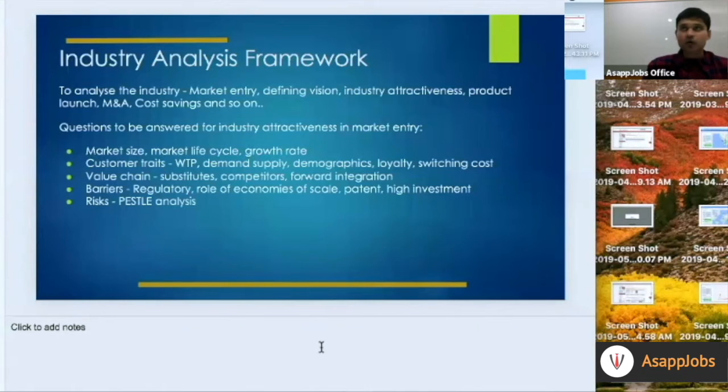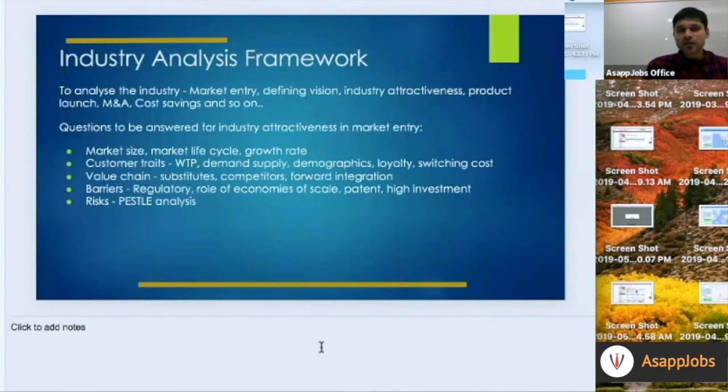For you or for anyone, a $1 billion revenue could make sense, but for Google it does not. If this industry, which is the video industry, TV shows industry, basically the content industry, does not give Google a jump of $5 billion, it does not make sense for Google to enter that market. But for a startup, if it is giving you $1 billion, it makes sense for them to enter. That industry is attractive, and they should enter the market.